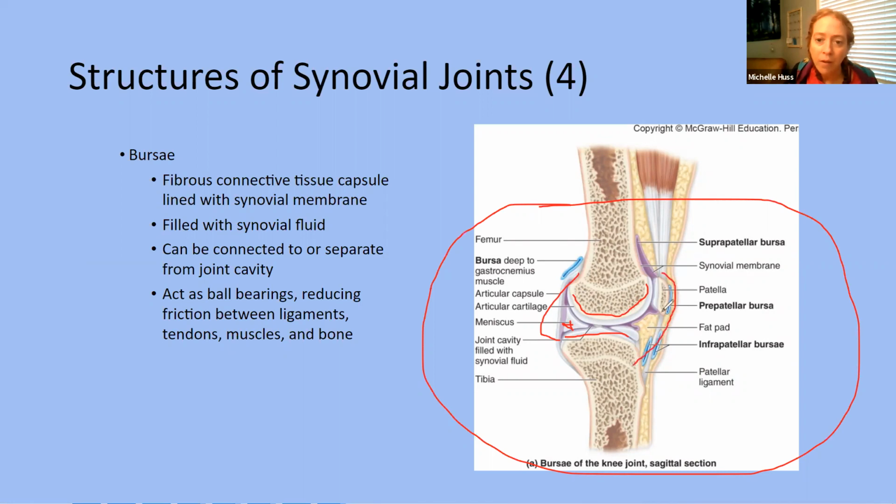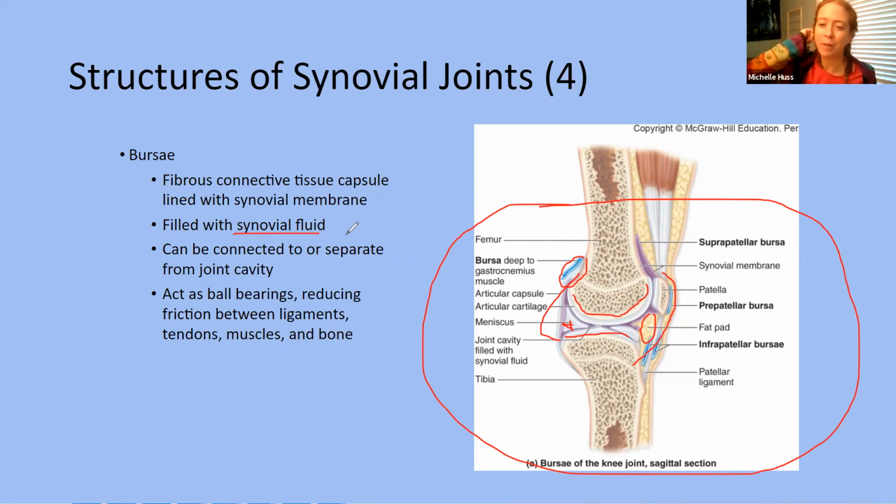Okay. There's sometimes fat pads. There's also sometimes little bursas. So a bursa is just a little sac with synovial fluid in it. And what it does is it keeps the friction down. You might have heard of bursitis before in somebody's elbow.